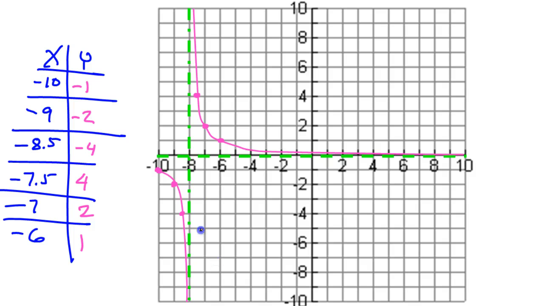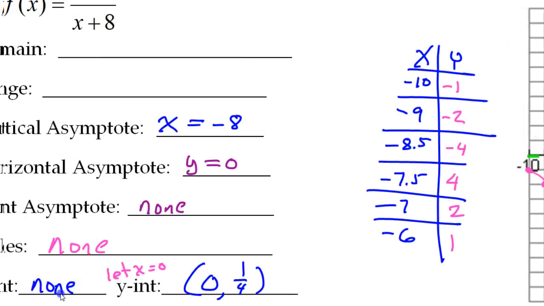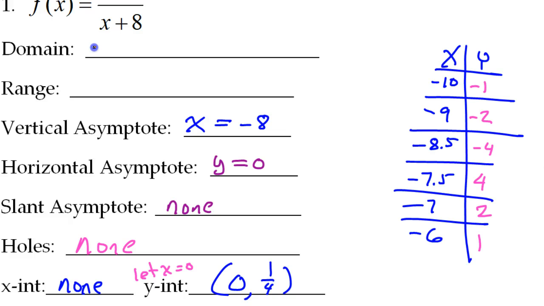So we're going to have to say the domain in two parts, the part to the left and the part to the right of negative 8. The domain will be from negative infinity to negative 8, union, and then we'll pick up from there and say negative 8 to infinity.